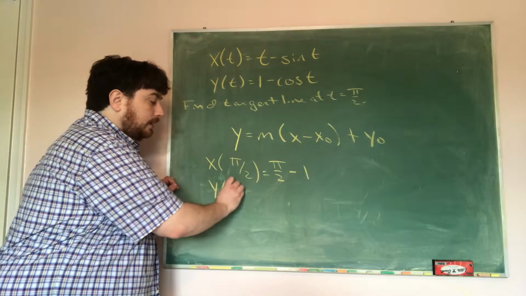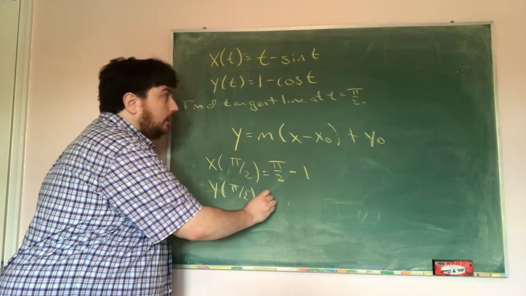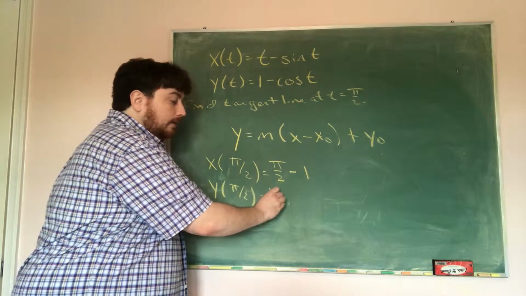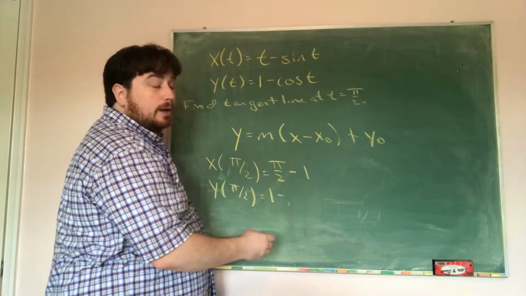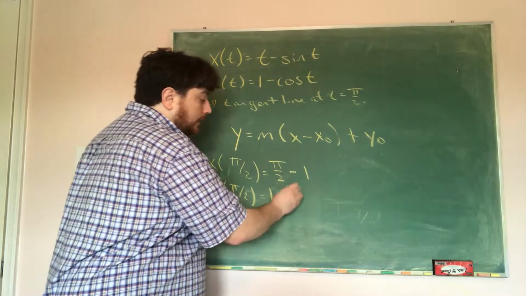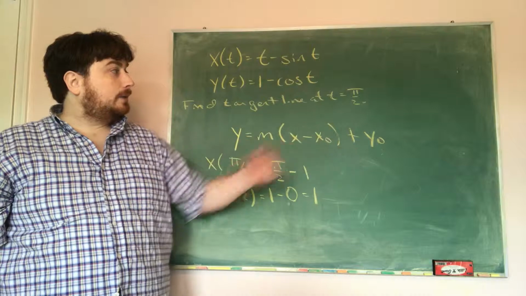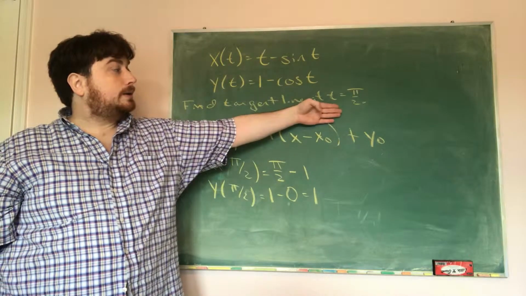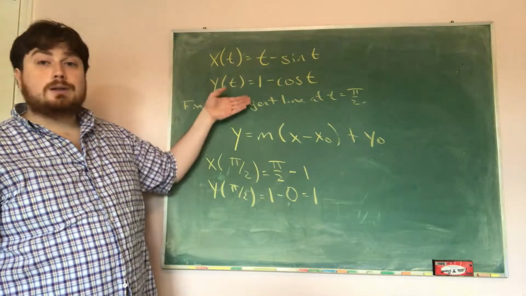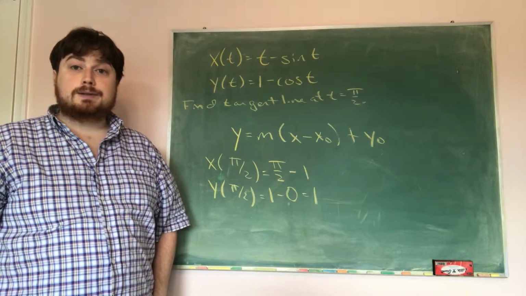Then my y naught again will be y of pi over 2. So I'm going to plug in pi over 2 for t, and I get 1 minus cosine of pi over 2, and cosine of pi over 2 is 0, so I get 1 minus 0, which is just 1. And so I find my x naught and my y naught by plugging the corresponding t value into both x of t and y of t.